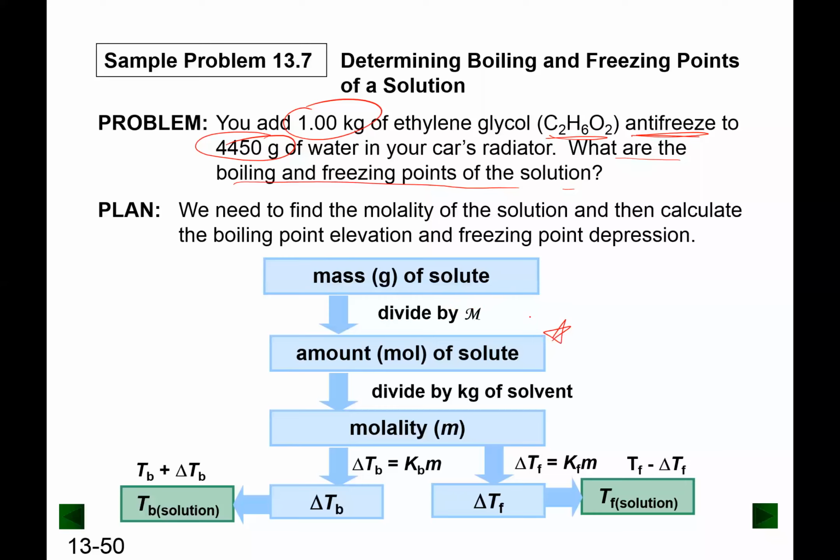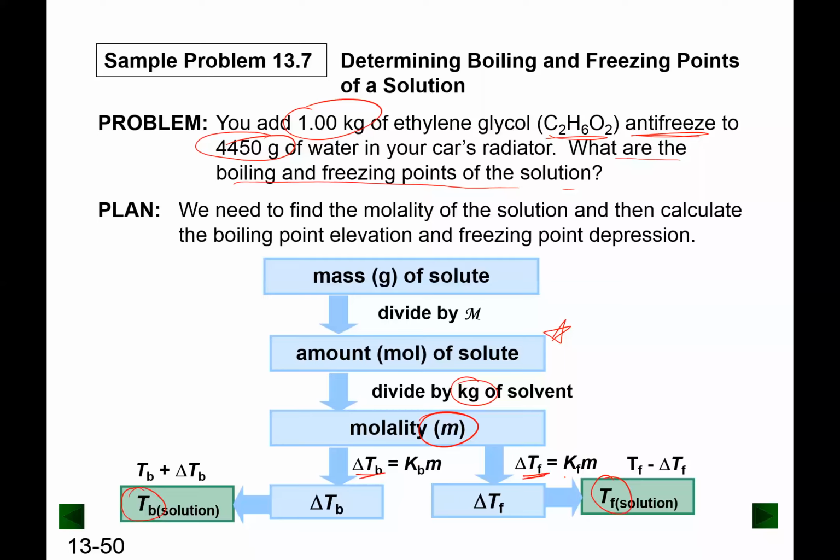Again, remember, we've got moles of solute per kilograms of solvent. That gives us this molality. And so from the molality, we'll just multiply by the constants to get the boiling point elevation and the freezing point depression. And we can then calculate the new boiling point and freezing point of our solution.